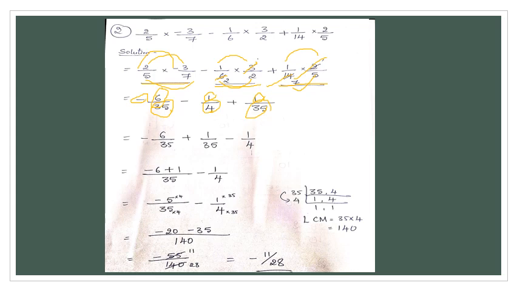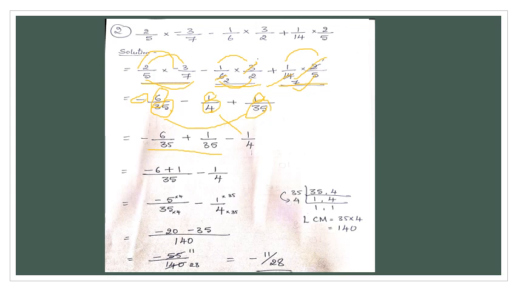Children, here let us group the fractions with equal denominators. That means minus 6 by 35 plus 1 by 35, and write down minus 1 by 4 as it is. Now children, if the denominators are equal, we can add or subtract the numerators directly.